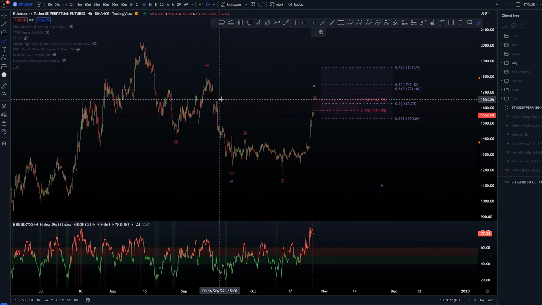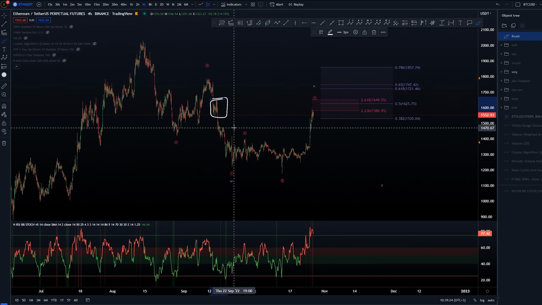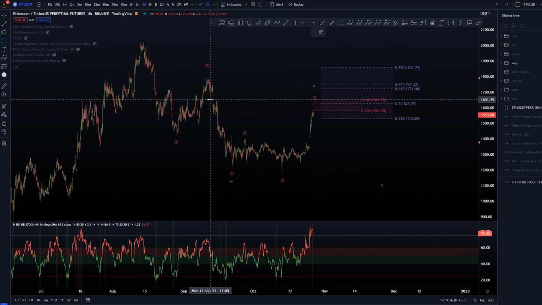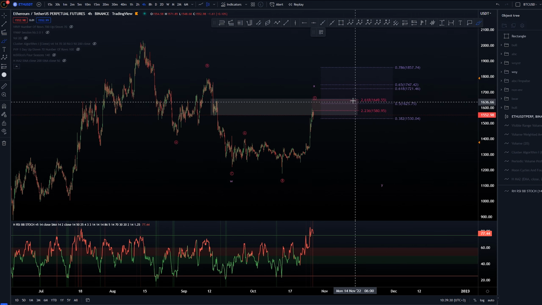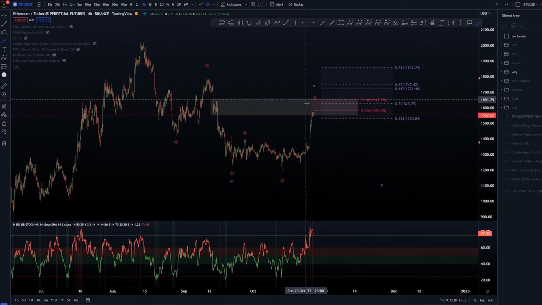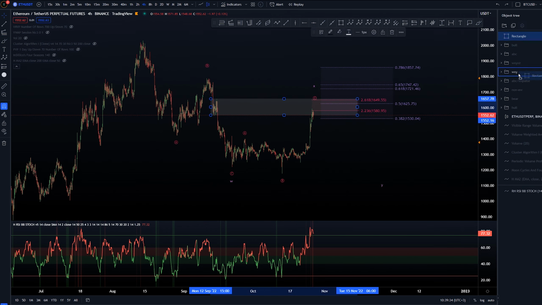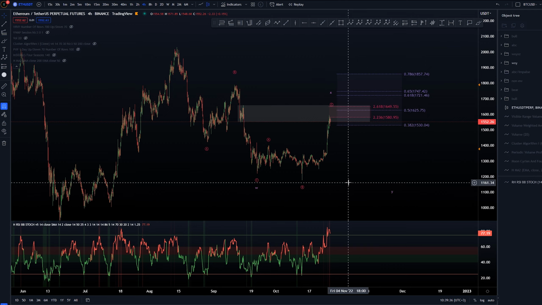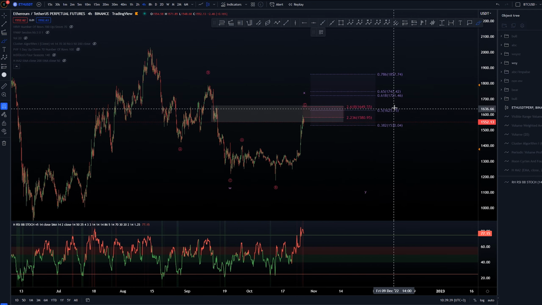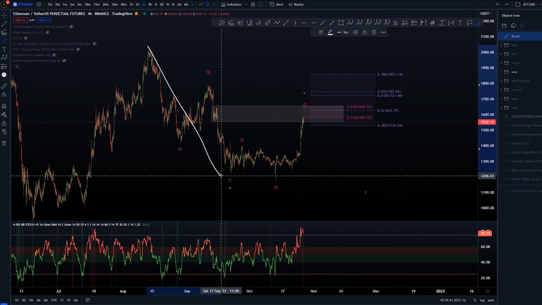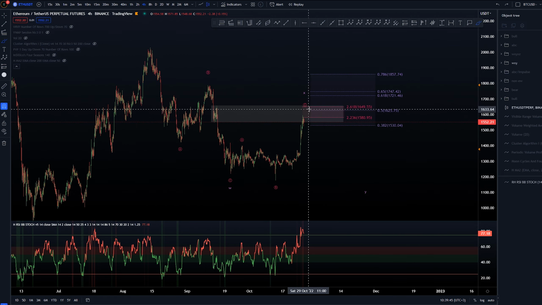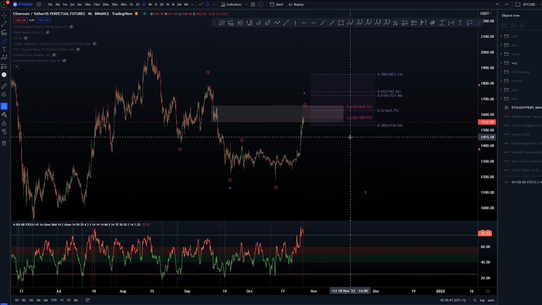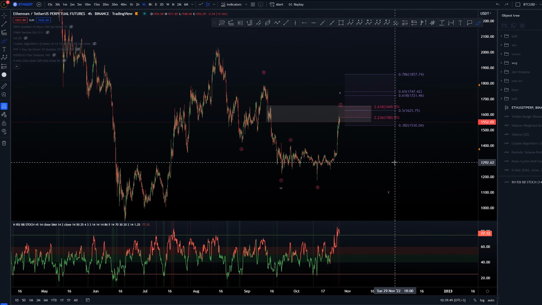We do have this order block here that is currently holding the price down, so if we break this order block, that is breaking the 2.618 as well, and at that point I don't think this is any more likely at all. We do have the 0.5 here on the retracement of wave W as well, so that is giving us some more confidence that this could be something that is done.